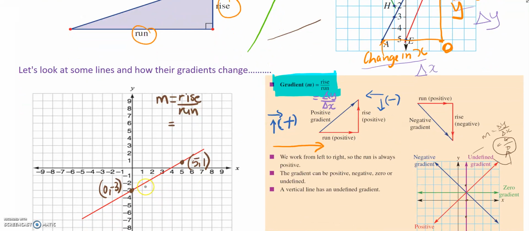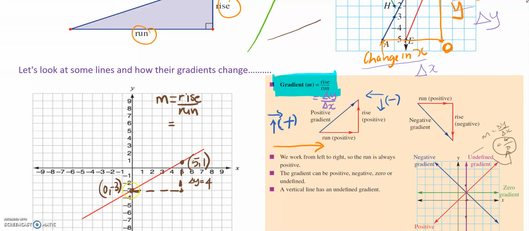Now let's look at the rise over run. The easy way is to make a little triangle, because that'll help us determine the rise over run. The rise is from there to there. What's the difference from positive 1 to -3? From that point, 1, 2, 3, 4. So this is our change in y, which is equal to 4.